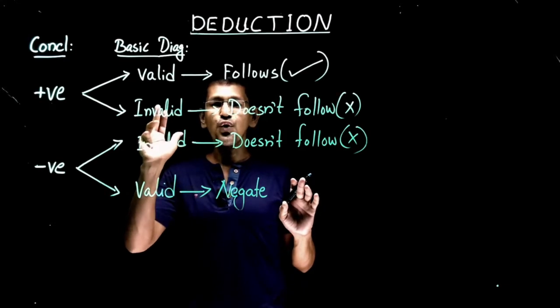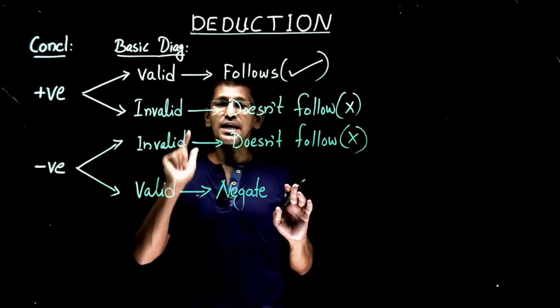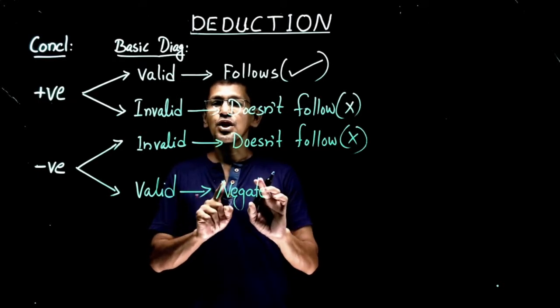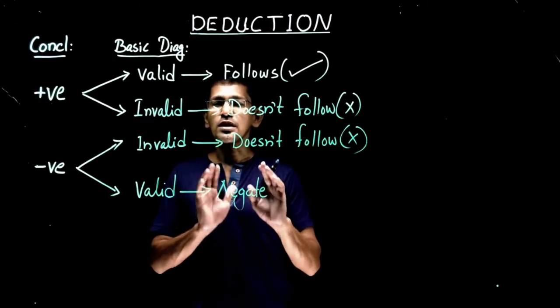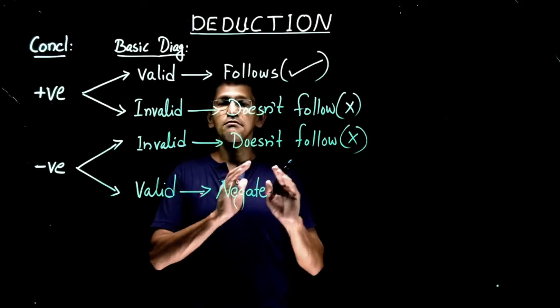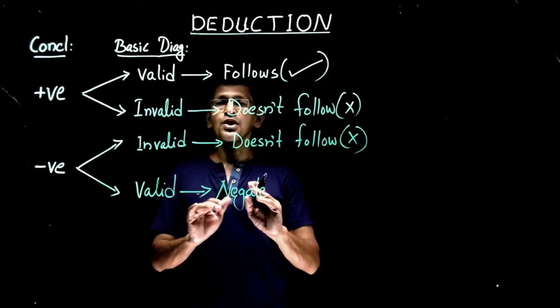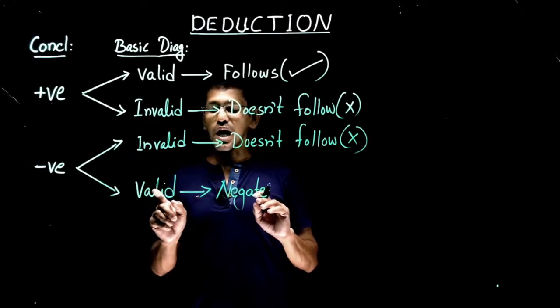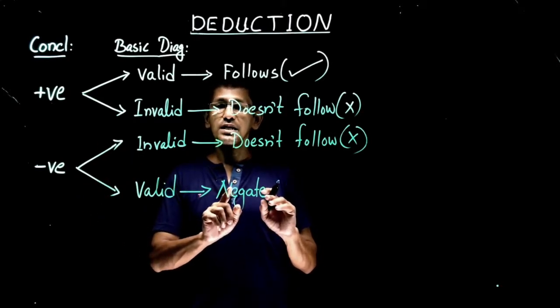When we negate, a no conclusion is negated as some, and a some not must be negated as all. So a negative conclusion, if it is valid, we have to negate it first.